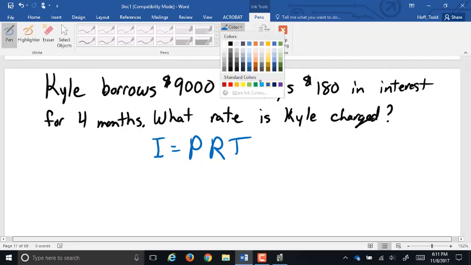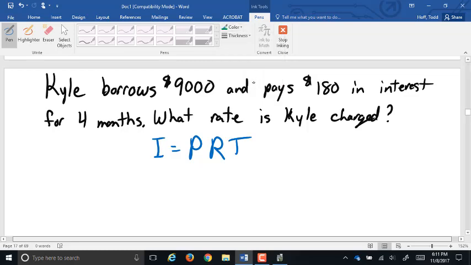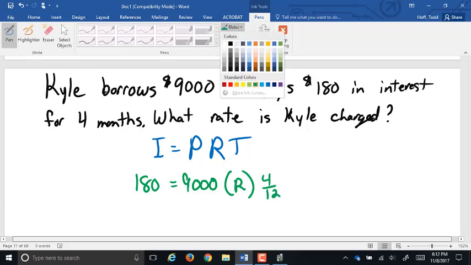So interest equals principal times rate times time. Do we know the interest? 180. Do we know the principal? 9,000. Do we know the rate? No. Do we know the time? 4/12. And then what?